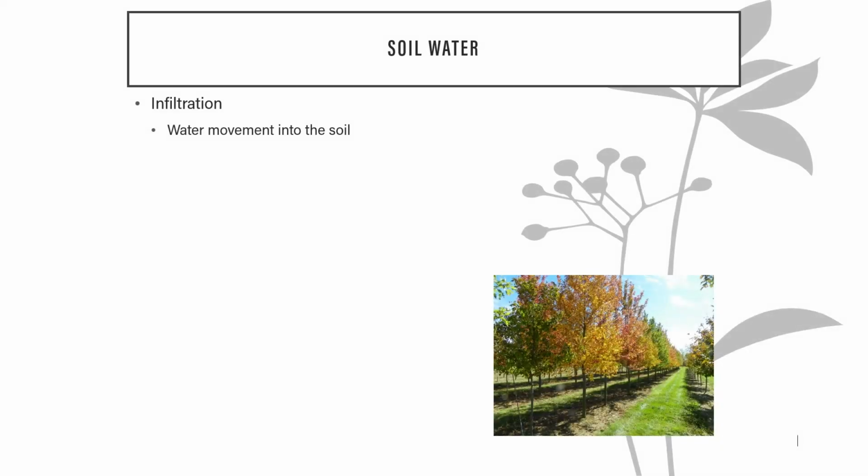So just a few terms that you might hear in regards to soils and water in soils is infiltration. That's just the water movement down throughout the soil. The infiltration rate is how fast it moves down through. Where's Carrie Tauscher?